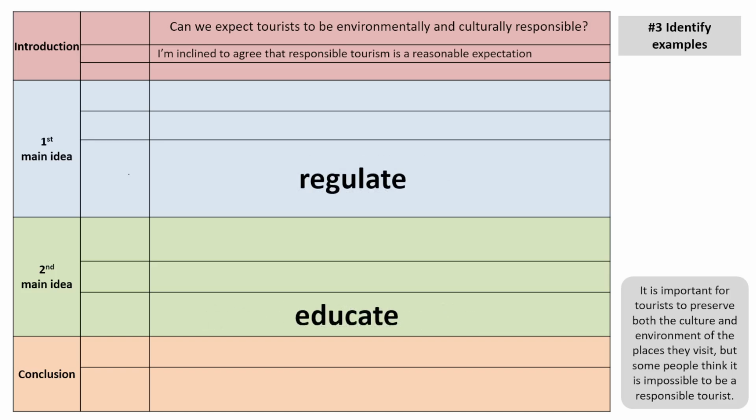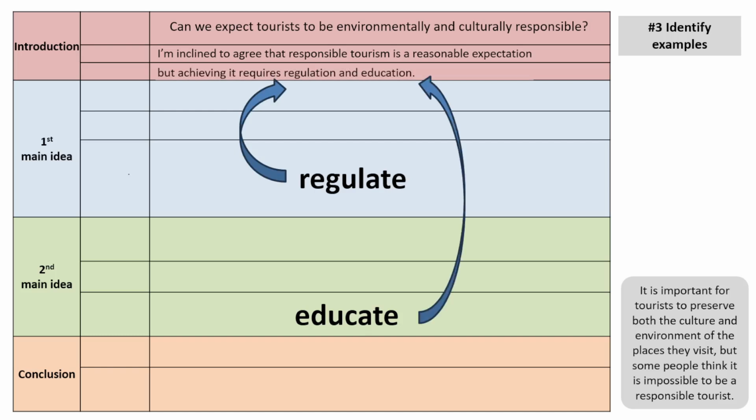Now I can go back to my introduction and populate my reasons. Achieving it requires regulation and education. So a good introduction has three parts. It has a paraphrase of the statement. So let's paraphrase the statement.